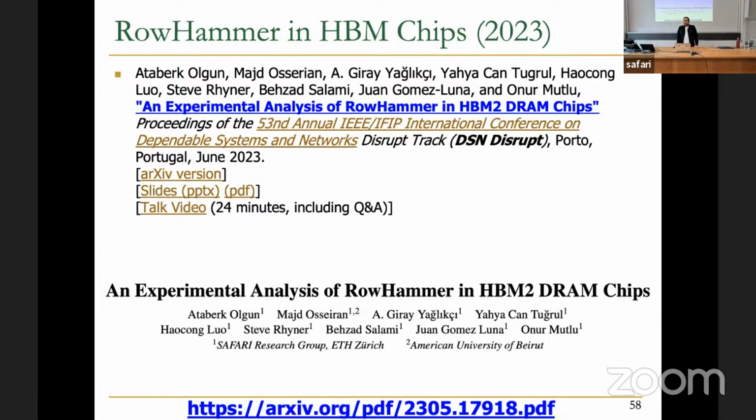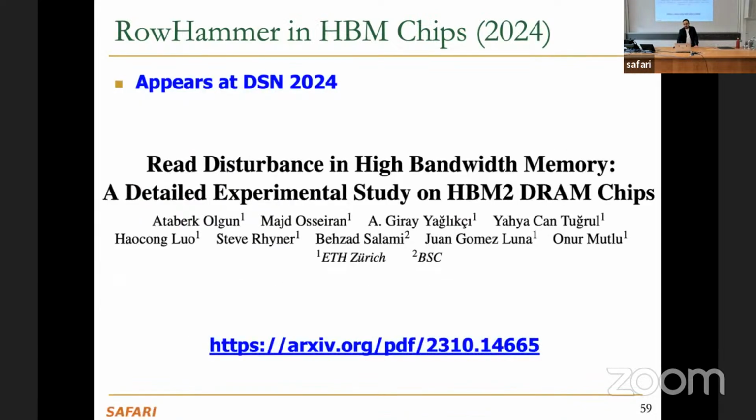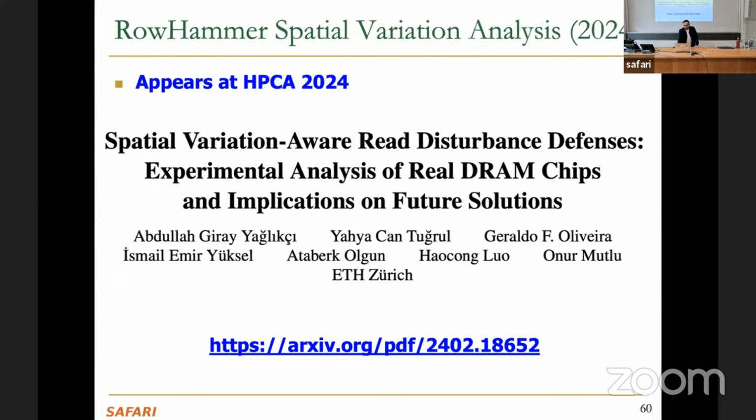All of them are essentially using high bandwidth memory chips, HBM series. There was not much characterization data in the field, and we did that, and they're not much better than DDR, basically. So your LLM models can be at risk as well.